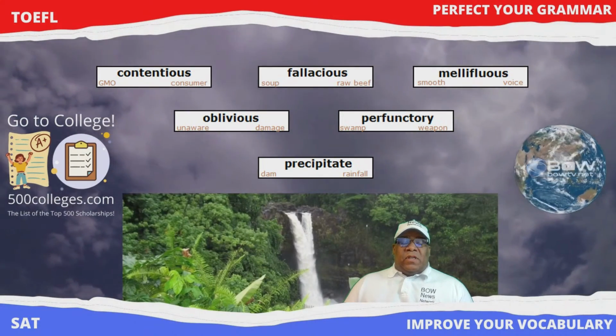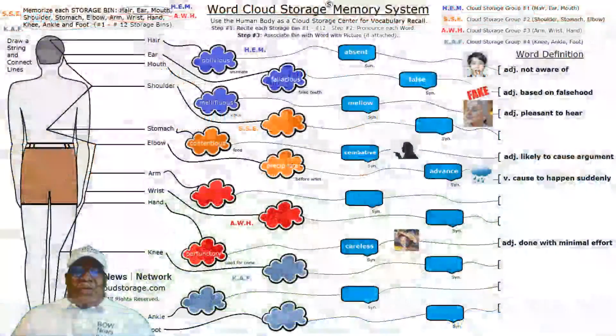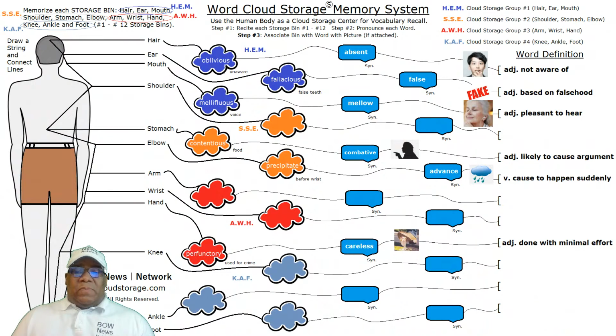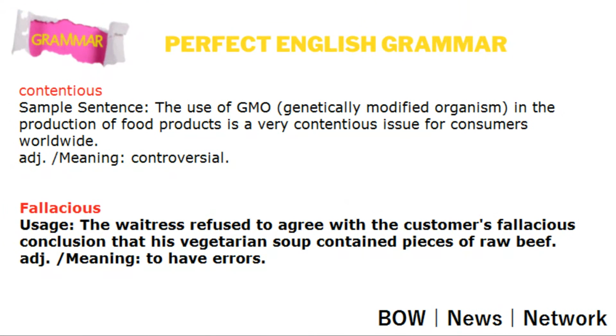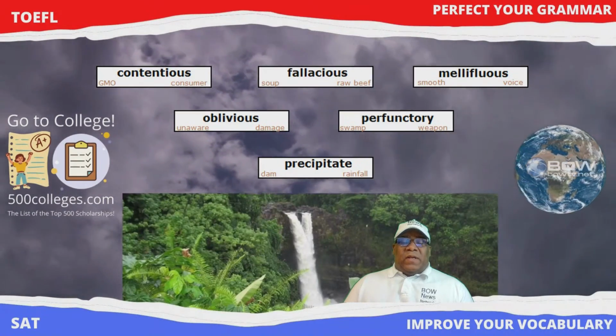The contentious, we see here from our word cloud storage that the word contentious means combative, an adjective likely to cause argument, and we saw here the use of GMOs in the production of food. Then we have the recall, 2 key words from the sentence, GMO and consumer.